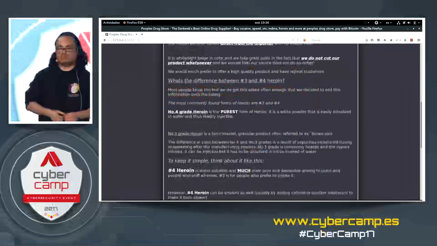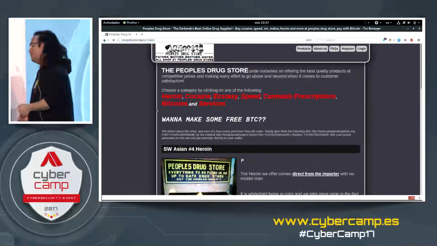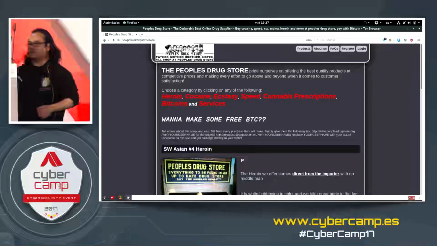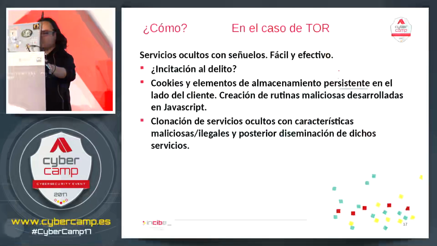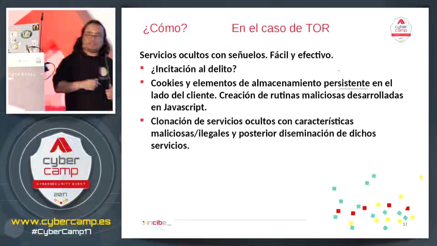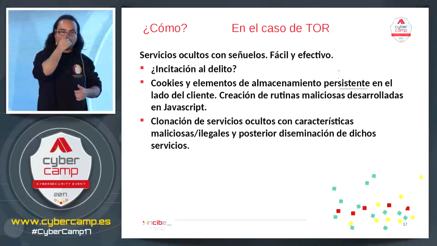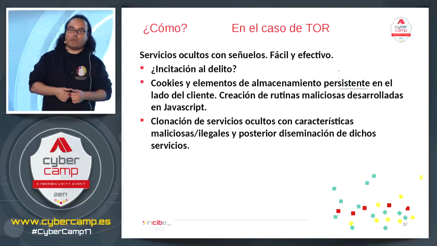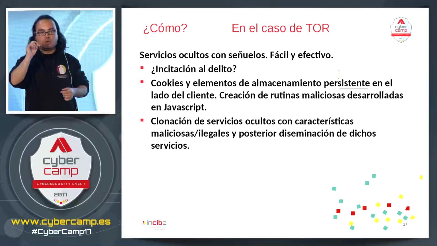So what can we do with those contents? We can modify them. We can try to introduce malicious routines. Let's see it in practice. We can introduce malicious routines that enable us to execute JavaScript, for instance.